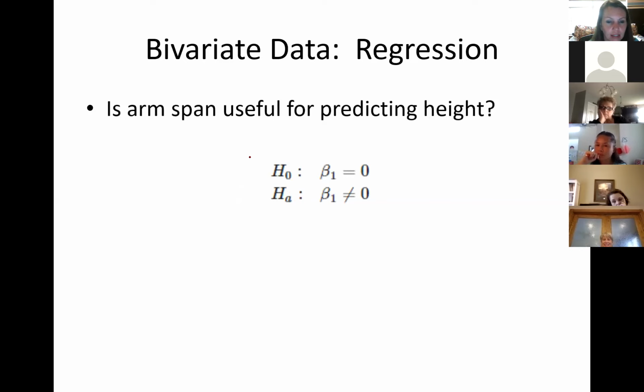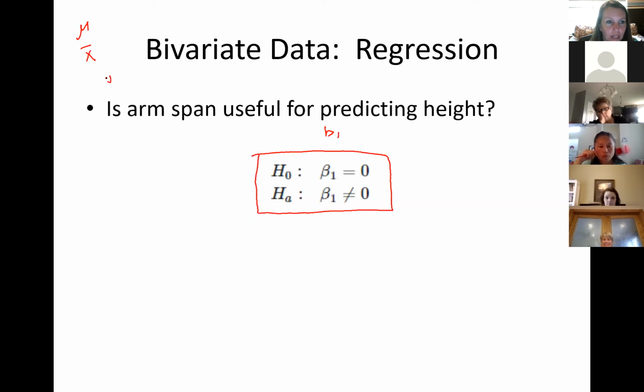The way that we test this is a test on the slope, and this is how we write the hypotheses. The parameter is called beta 1, and the estimate for beta 1 is b1. This is very similar to when we wanted to predict mu, then we used x bar.